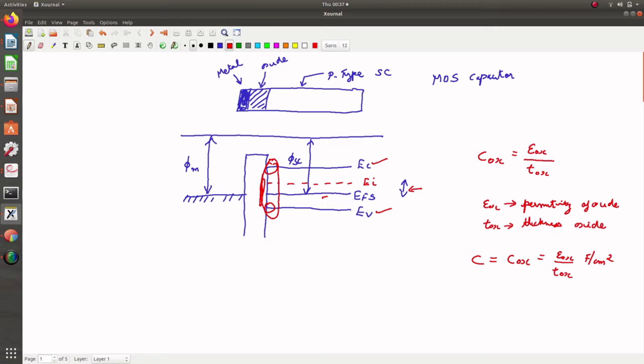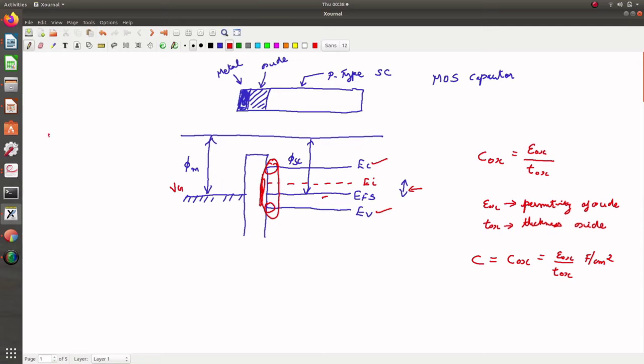This bending direction depends upon the applied voltage, the gate voltage Vg. We had already seen the effects of bending and classified into three different categories.